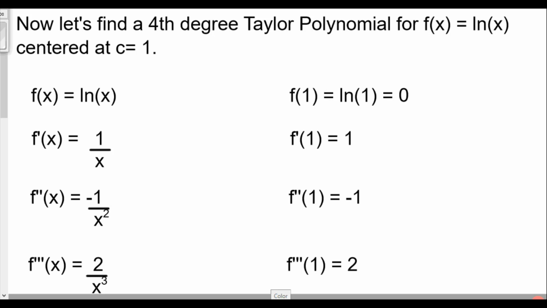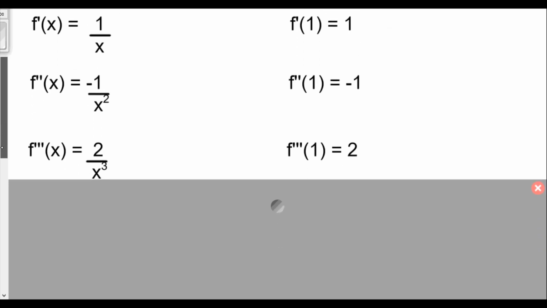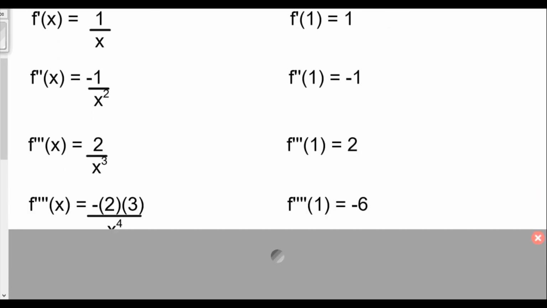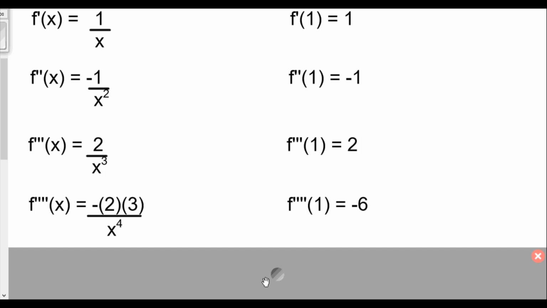F triple prime of x is equal to 2 over x cubed, which means f triple prime of 1 is 2 over 1 cubed, which is just 2. Go a little further down to our 4th derivative, because we're finding a 4th degree polynomial. The 4th derivative in this case is going to be negative 2 times 3 over x to the 4th.